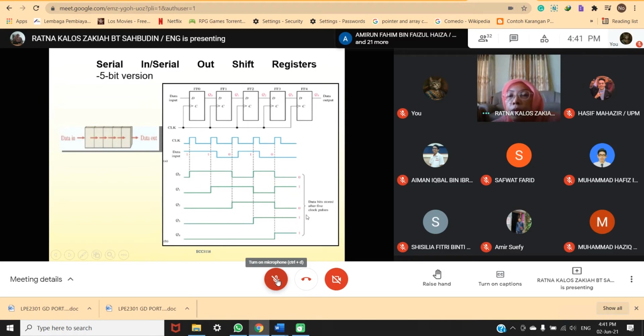So see here the data bits stored after the clock passes. Only after the last clock, the 5th clock, can you get the output, because you have 5 flip-flops here.